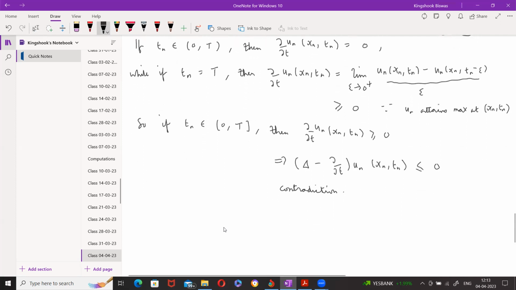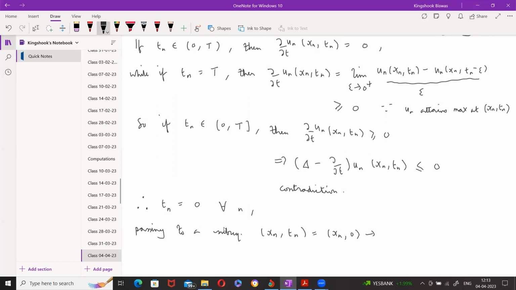Is this clear? Yeah, therefore Tn has to equal 0 for all n. Okay. And now passing to a subsequence, we can assume that xn Tn, this is equal to xn comma 0.